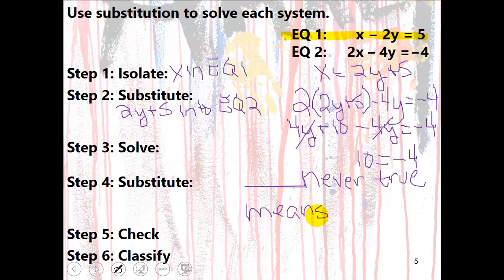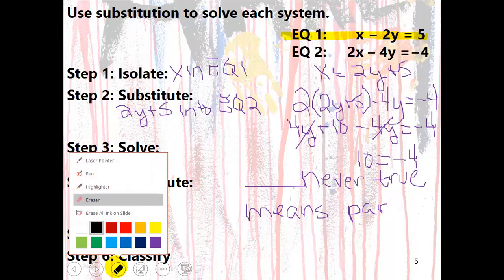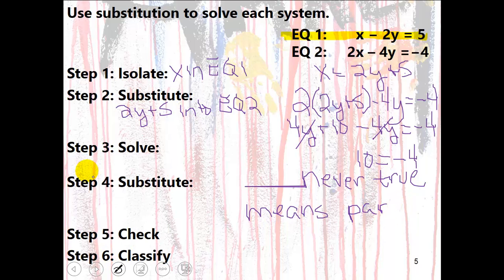And if they're parallel, that means there's no solution. And if there's no solution, that means it is inconsistent.